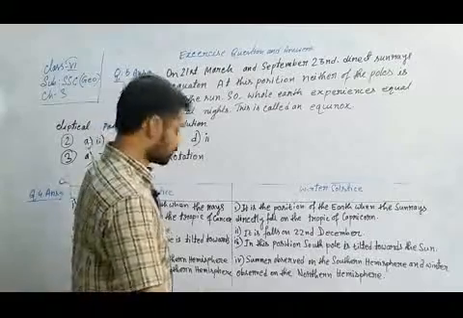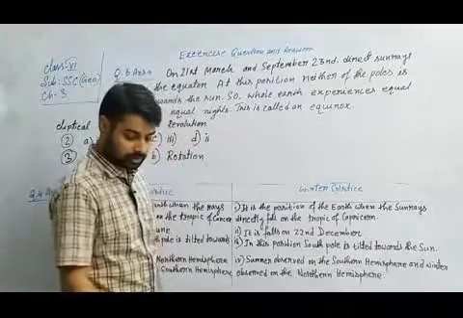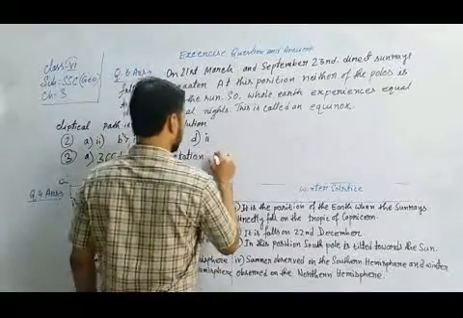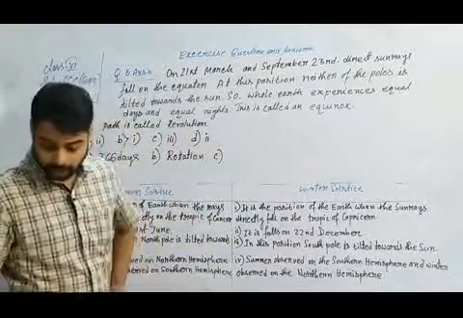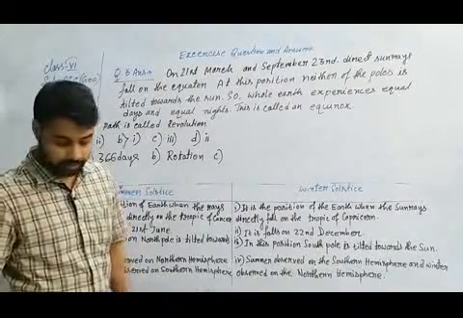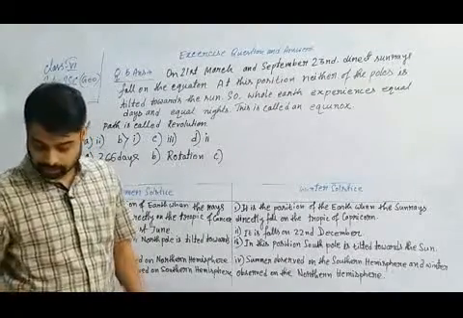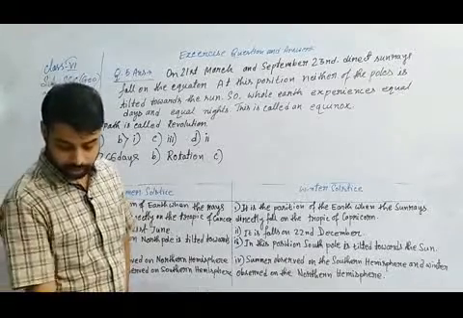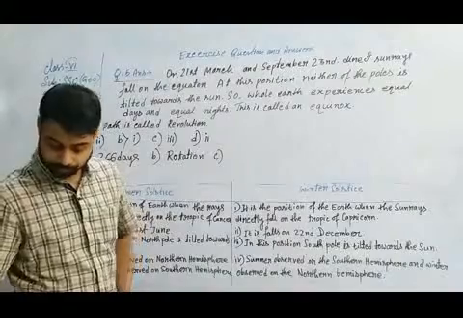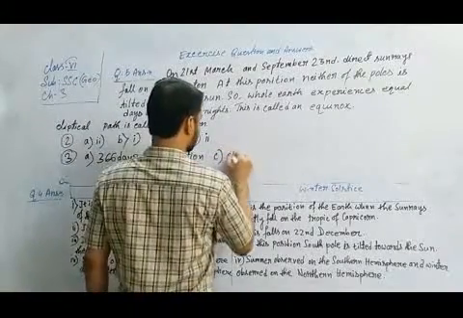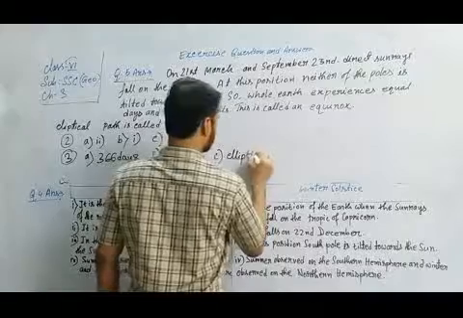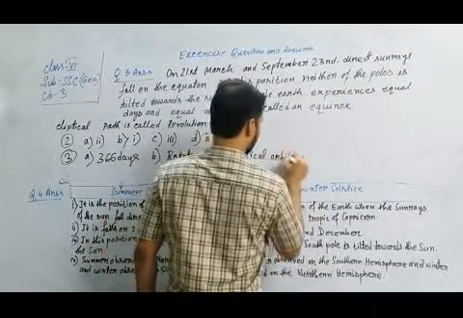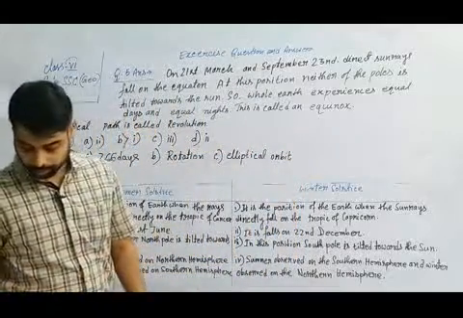Next, question number 3C: the earth travels around the sun in dash orbit. Earth travels around the sun in an elliptical orbit. The answer is elliptical orbit.